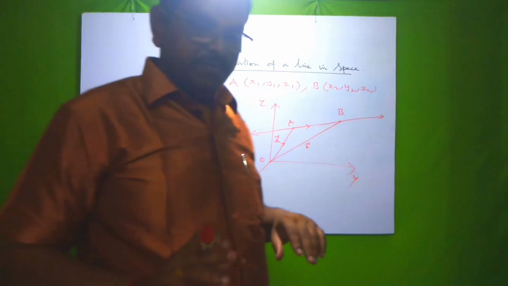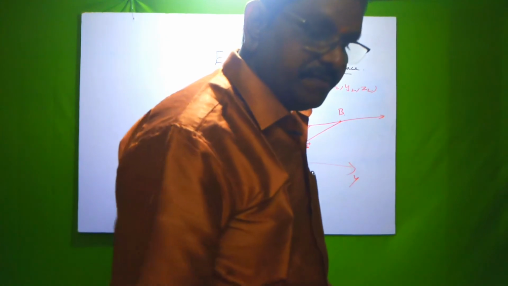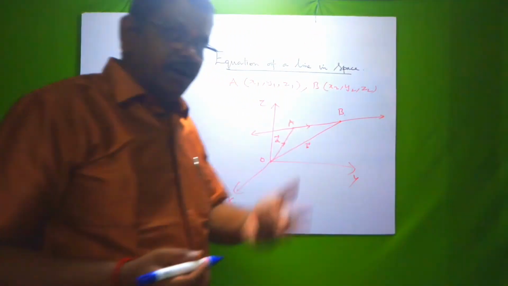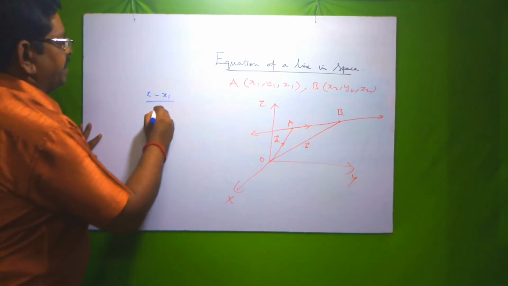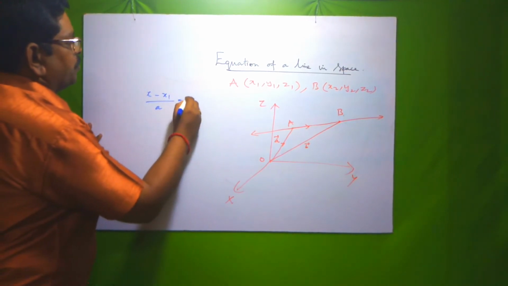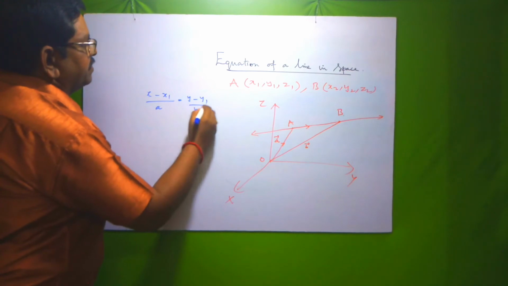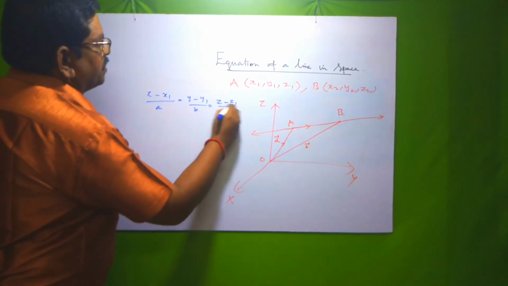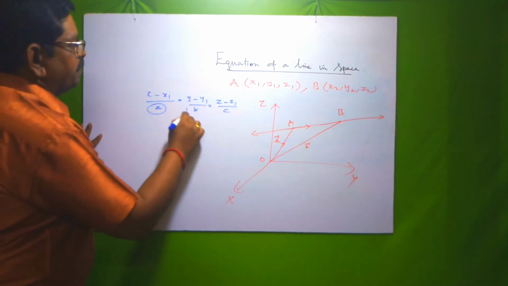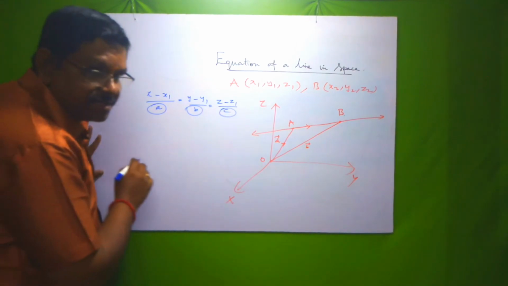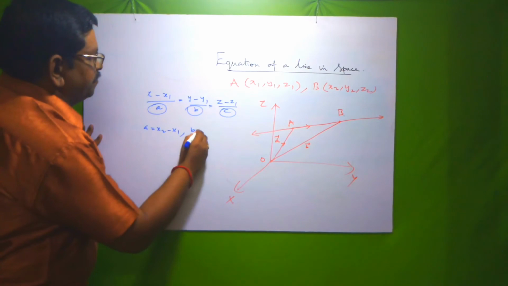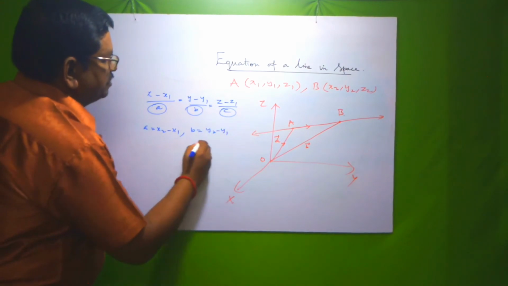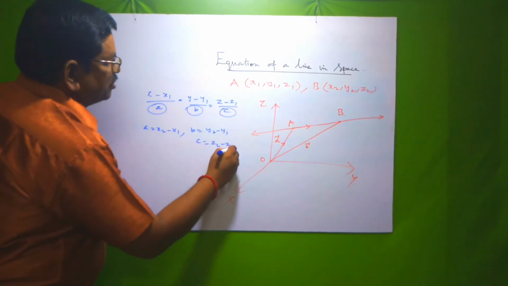Clear? Now the same can be found in Cartesian form also. In Cartesian form, we have the formula (x minus x1) by a is equal to (y minus y1) by b is equal to (z minus z1) by c. Remember, here a is equal to x2 minus x1, b is y2 minus y1, c is equal to z2 minus z1.